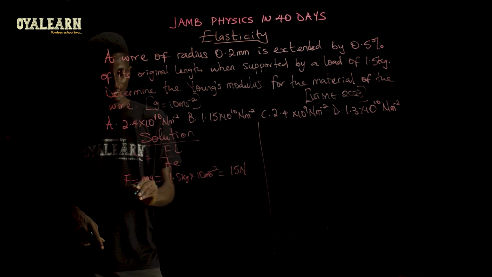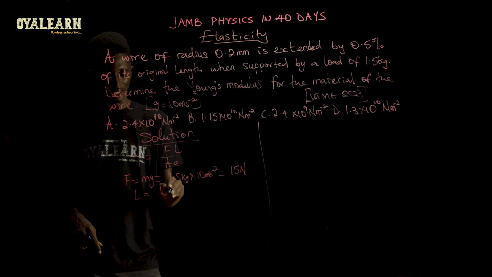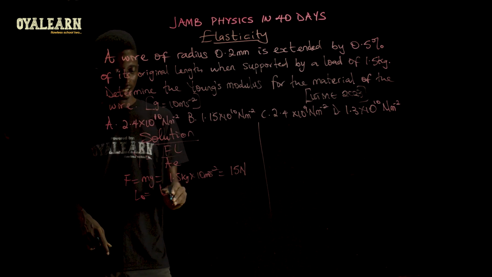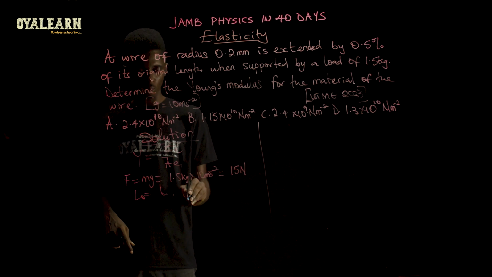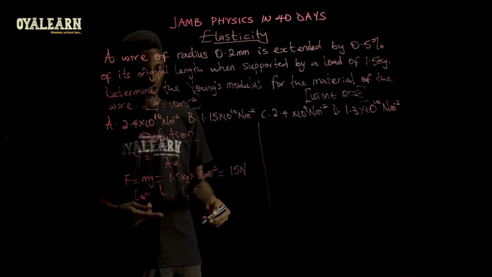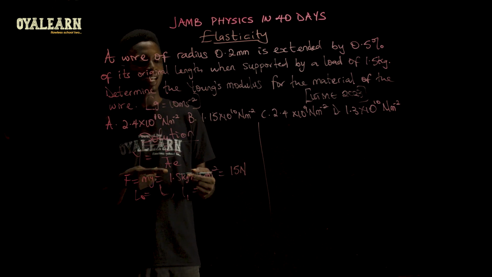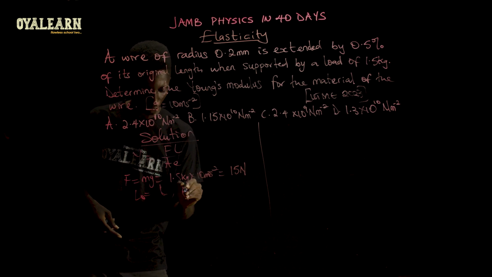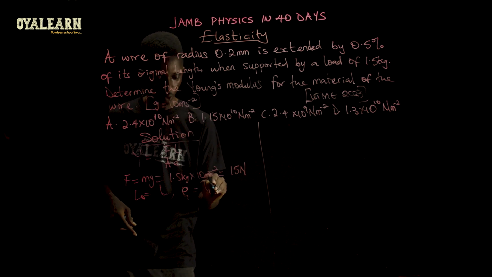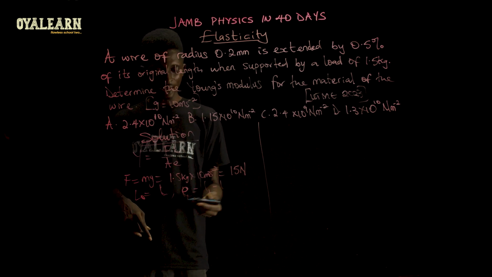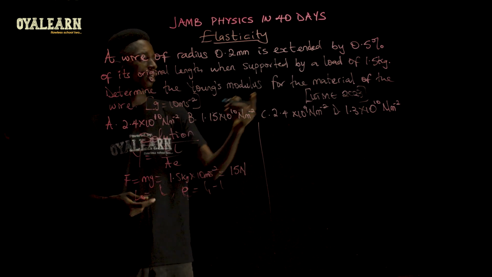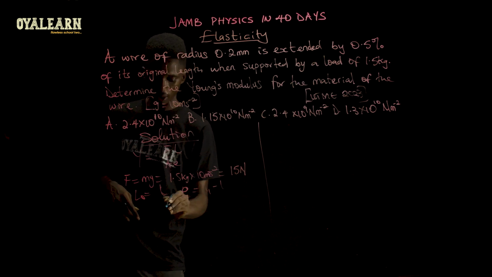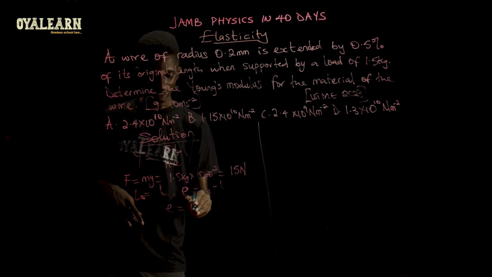The length is not known, so we just call the original length L. And then L1, which is the new length, remember it is extended. Let's say extension instead. Extension E is going to be L1 minus L, and that is actually, from the question, 0.5% of the original length.